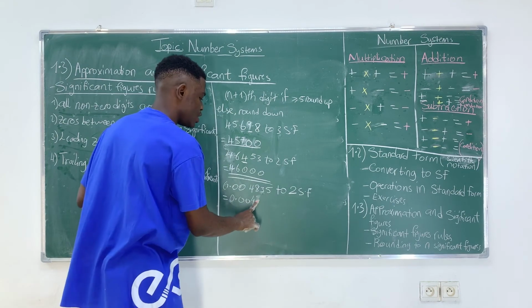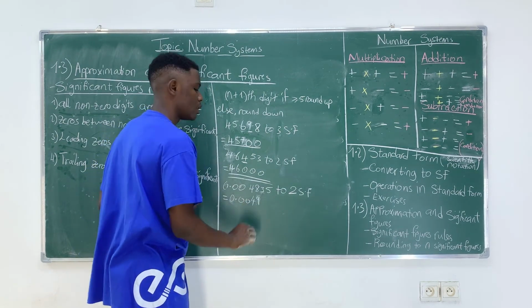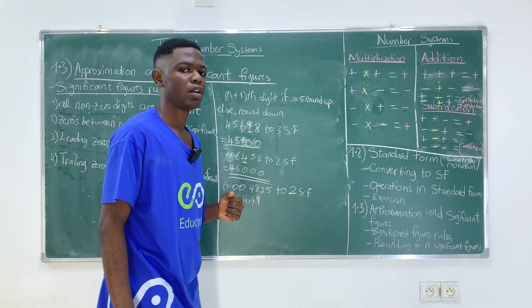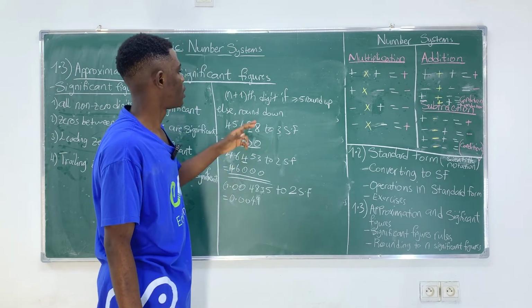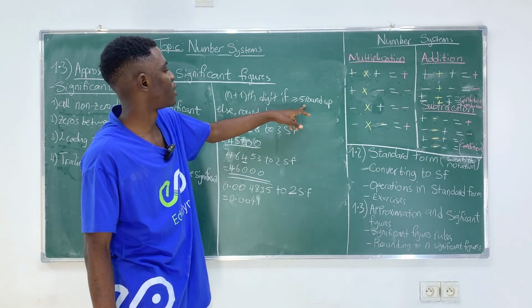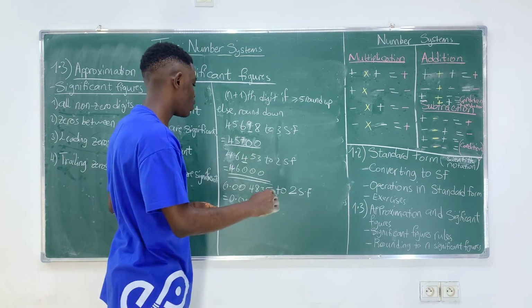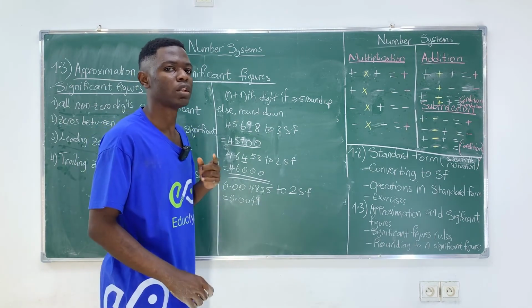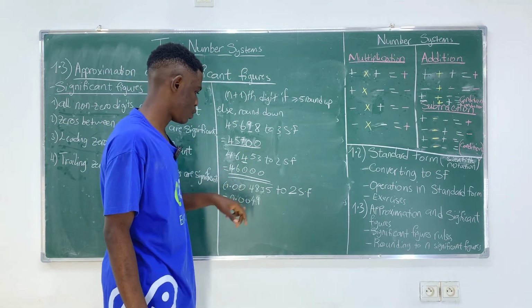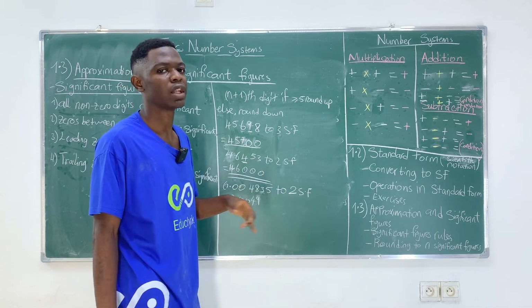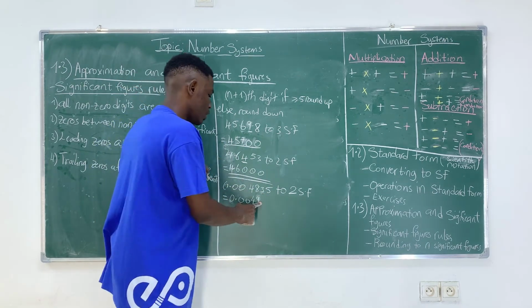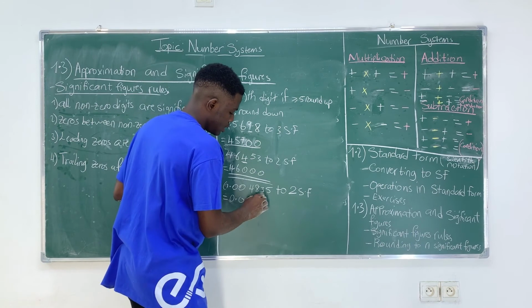If this digit here was greater than 5, I would have changed this to 9. Because they said if it is greater than 5, I should round up. Round up means add 1 to the normal digit that was there. So since it was normally 8, I add 1 to it and I have 9.